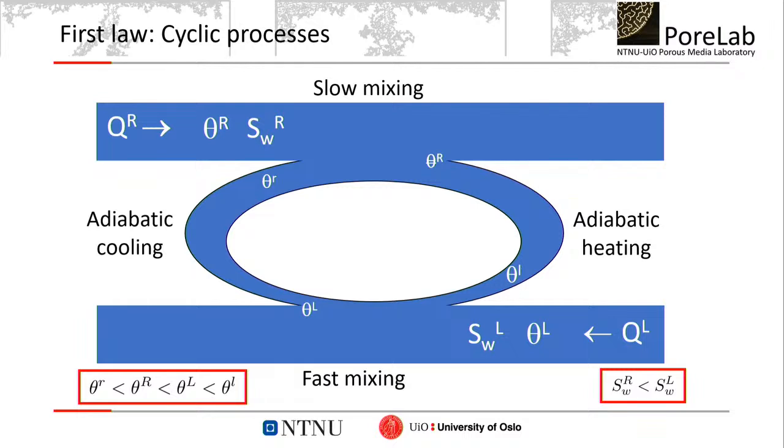So the zeroth law of thermodynamics is in place. Then the first law, cyclic processes. Now that's one of the places where you can really see that this had to do with thermodynamics, steam engines, when thermodynamics was produced. But one can make an analog. So here is a flow going in this direction. These are all porous media. Sending in a flow here with a flow rate QR, agitator theta R, and the saturation like this.